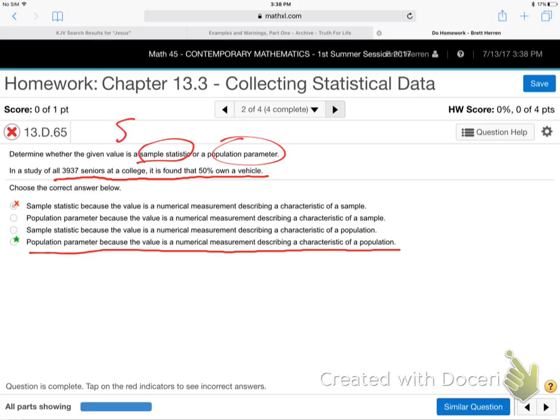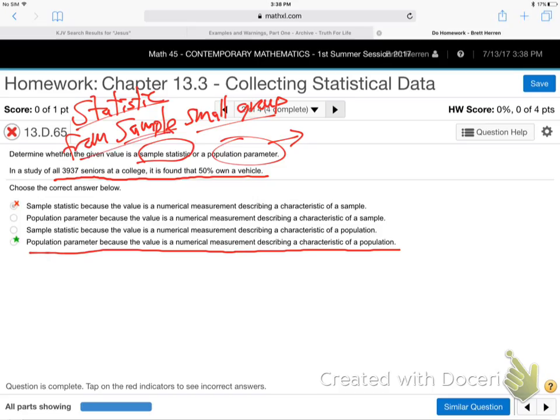Remember, a sample is a small group, and it is a statistic. A statistic is from a sample, which is a small group, whereas a population is the whole group, right?